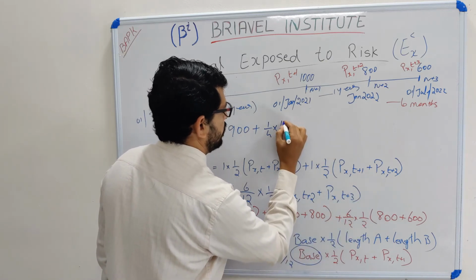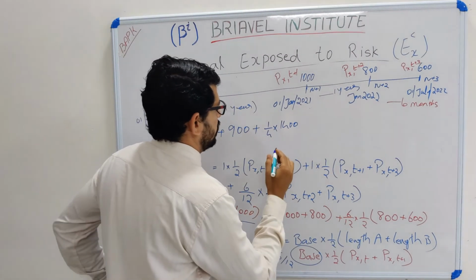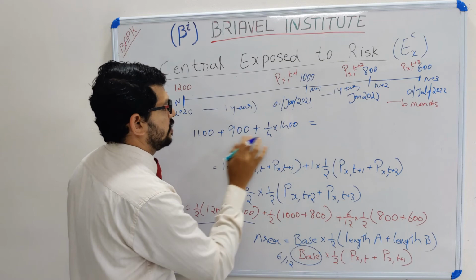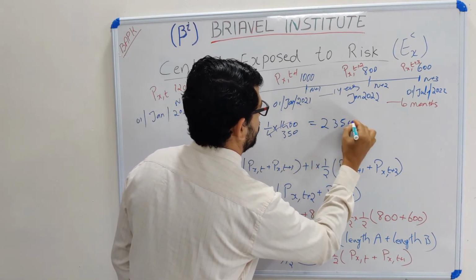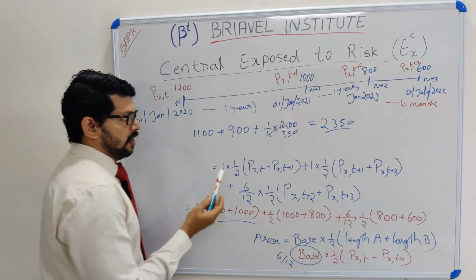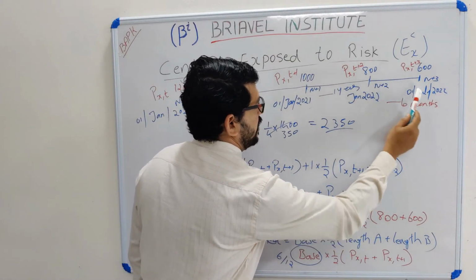How much? 1400. This will get 350. So this is 2000, this will get 350, so it is 2350, approximately 2000.